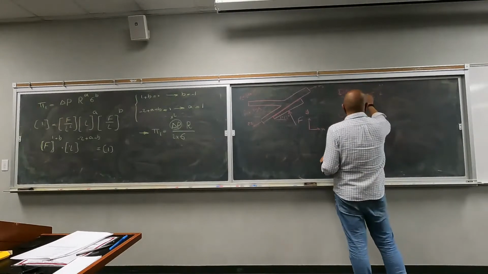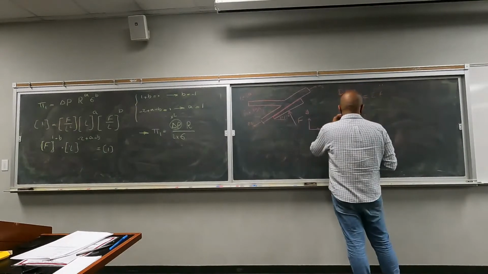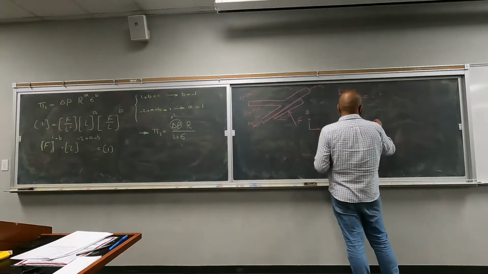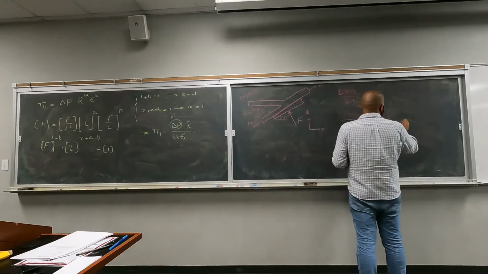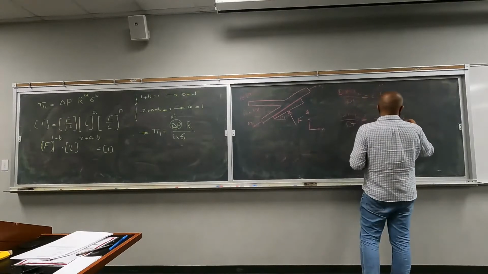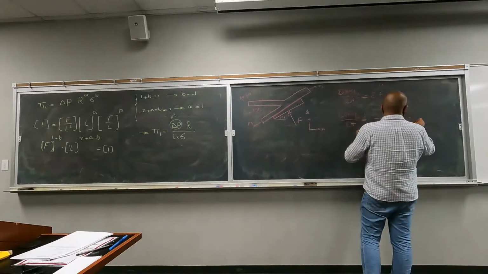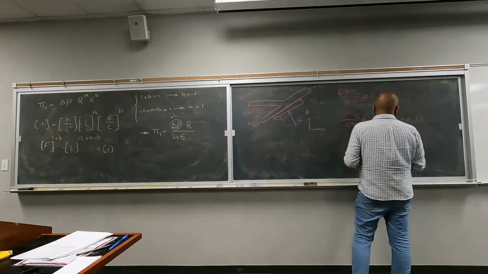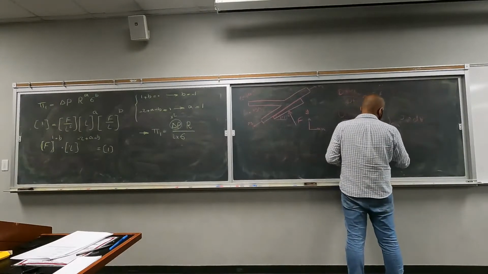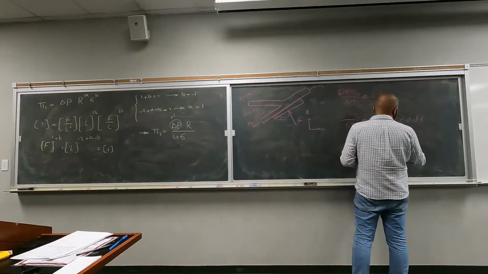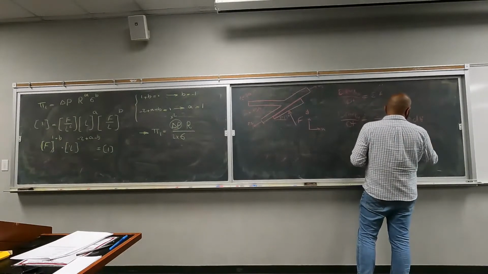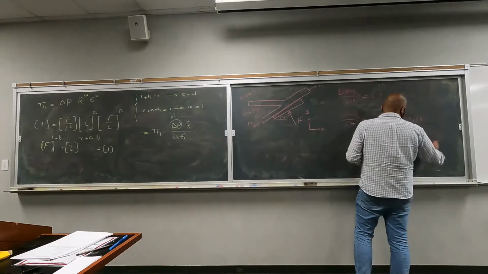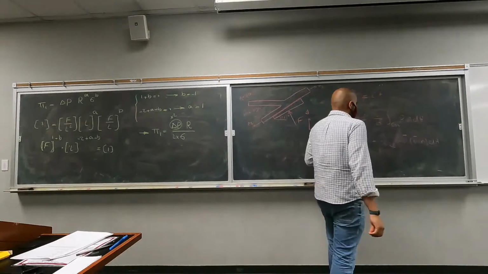It is equal to partial t integral of control volume rho v dV plus the control surface of rho v vn dA. It's a steady condition.